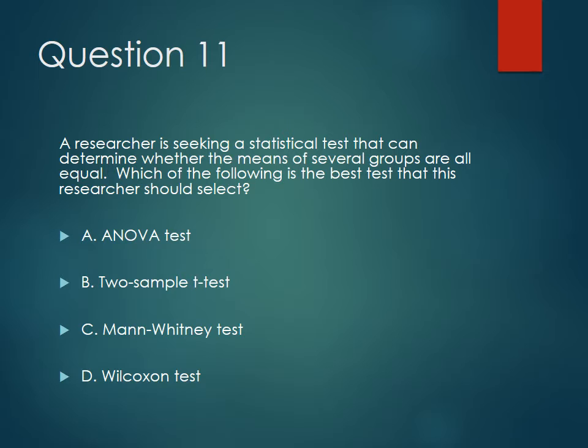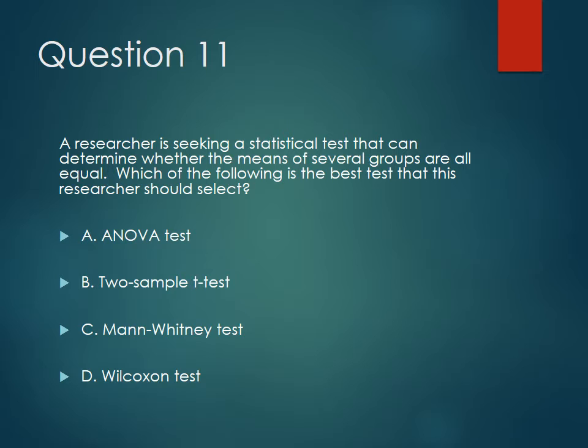What type of groups would I be comparing to use a Mann-Whitney U-test? Think about this one as an unpaired t-test for non-parametric data. So the Mann-Whitney U is for unpaired comparisons of means with non-parametric data. And then the Wilcoxon is typically used for paired non-parametric data.